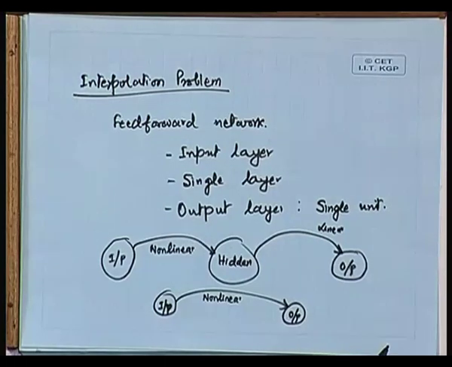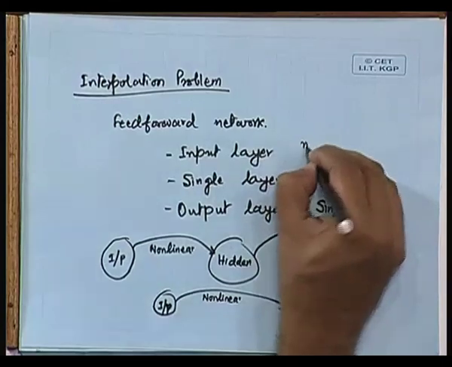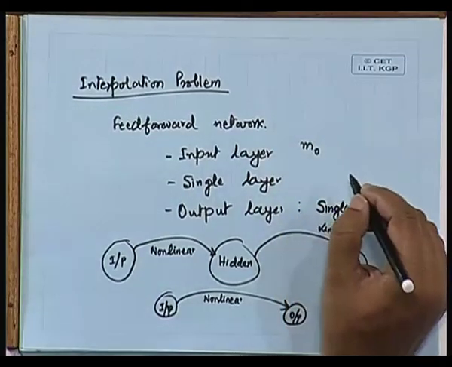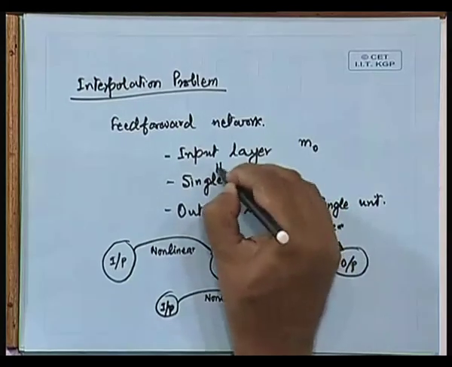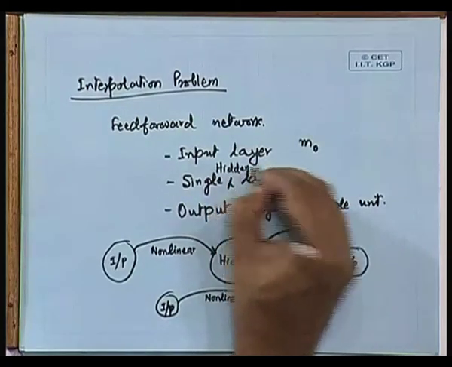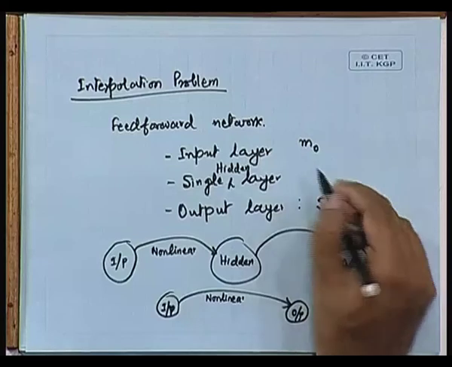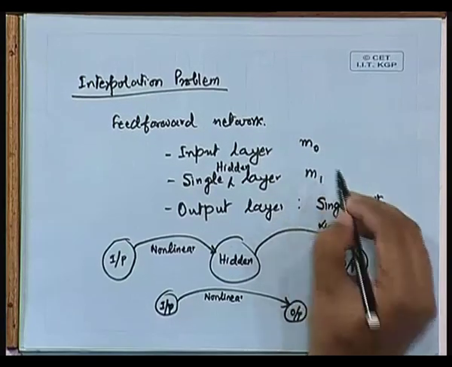Okay. Now, the input dimensionality we are considering to be M0, and I should have written a single hidden layer. Okay. So, please note that it is a single hidden layer, and this hidden layer has M1 neurons. So, its dimensionality is M1. What this essentially means is that from the M0 dimensional input space, we are mapping into the output, which is a single unit.